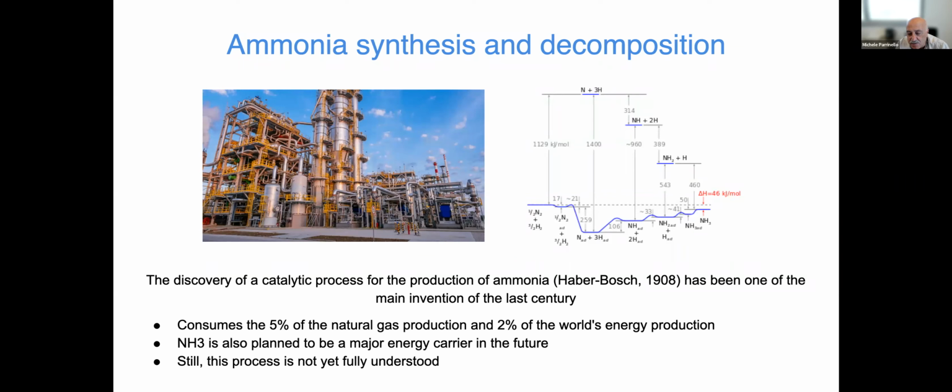Then ammonia would be put into pipelines and transported all over the world. And then when you need it, you decompose it, and you have part of your energy back in the form of hydrogen.